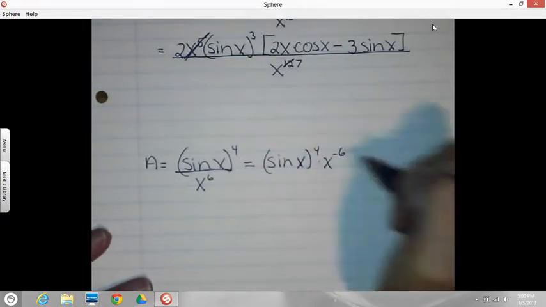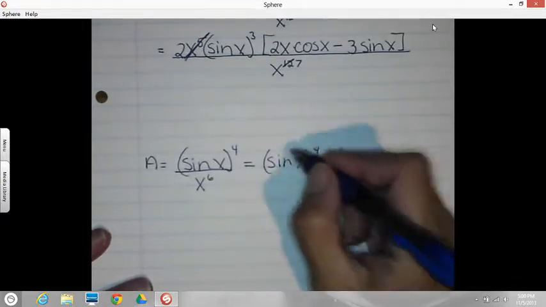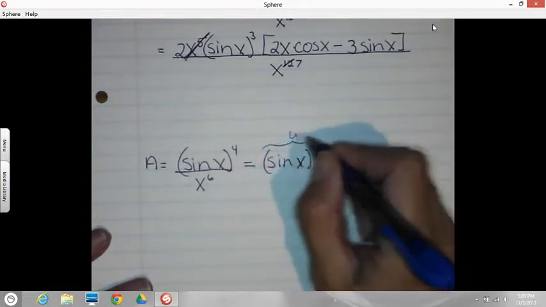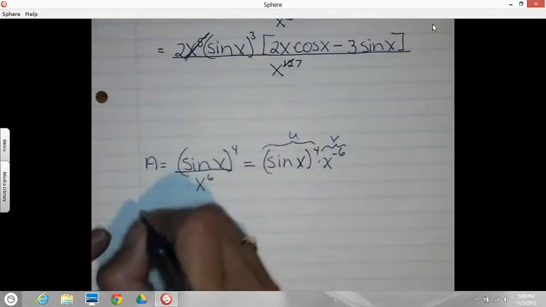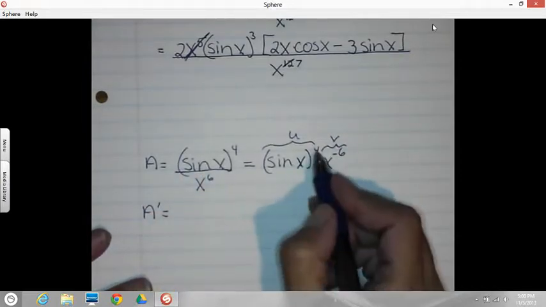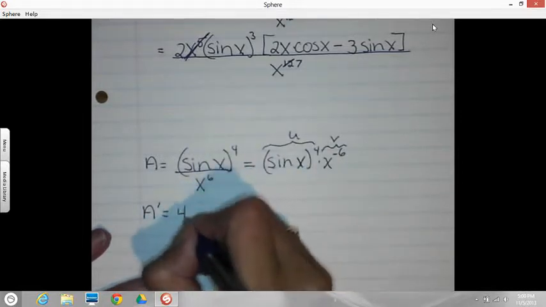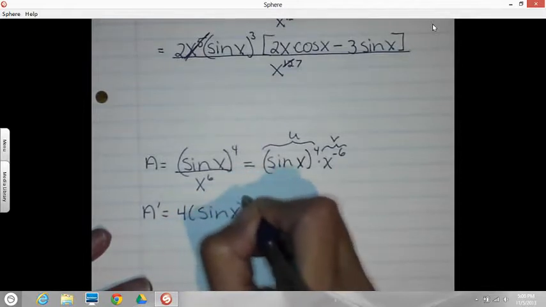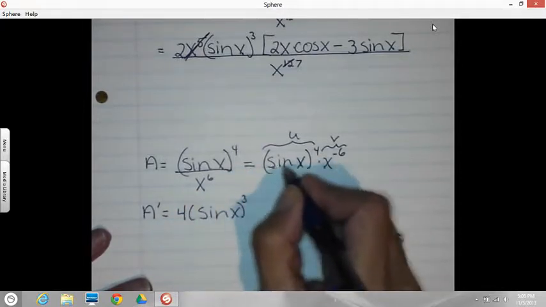And now I can see I've got a u times a v. So now I can do the product rule. So a prime now is the derivative of the u, which is a chain rule, so my inside and outside: 4 times sine x to the third, and the inside derivative is cosine x.